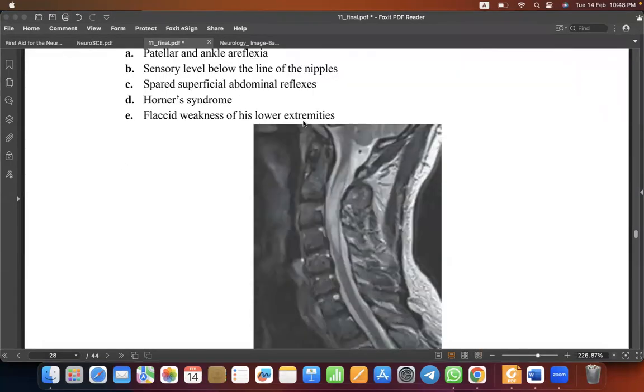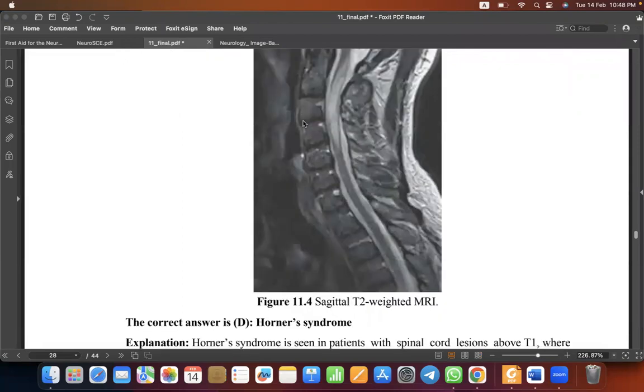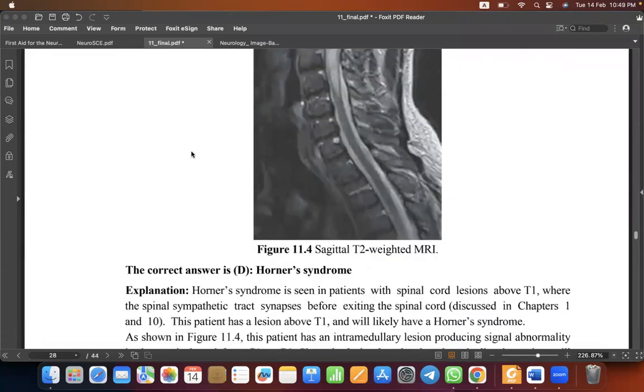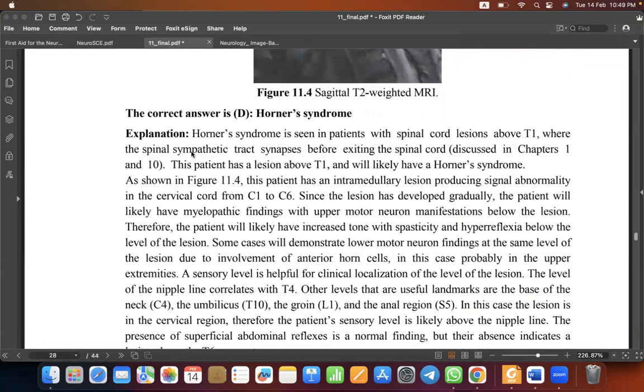Horner. Let's take that answer. So Horner syndrome could be a possibility. The Horner could be the best possibility. So we should remember that Horner syndrome is particularly involved in a patient with a spinal cord lesion above T1.